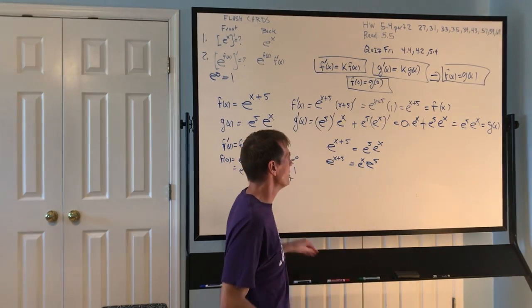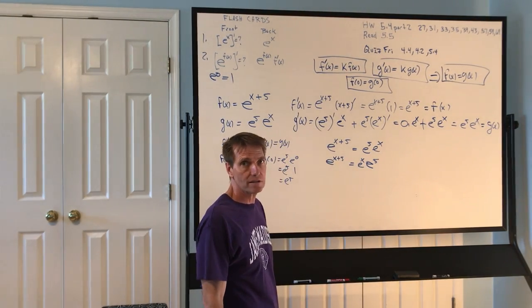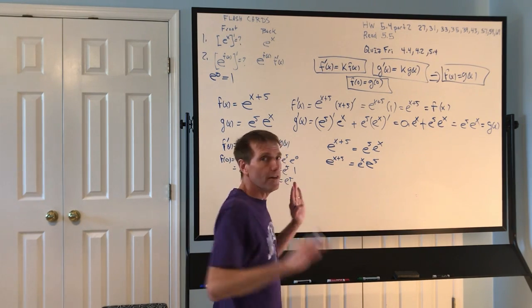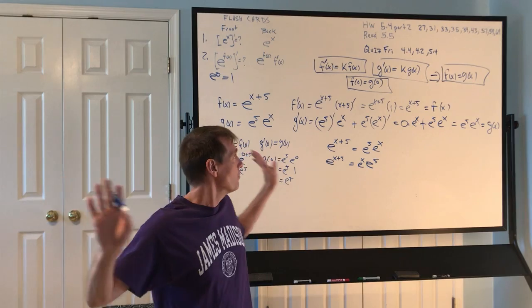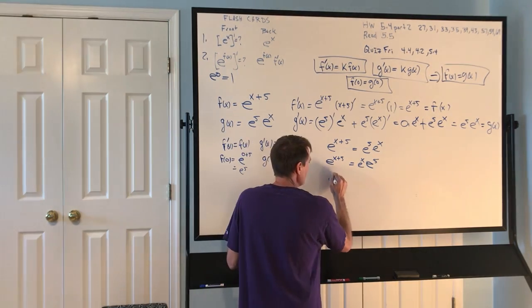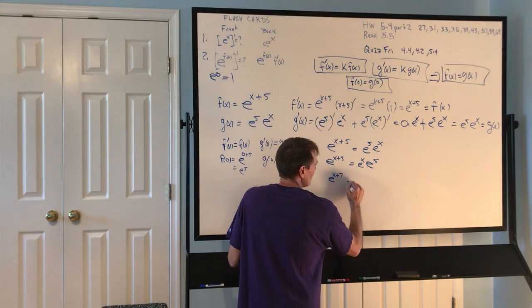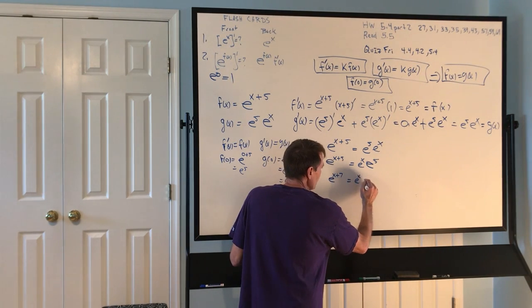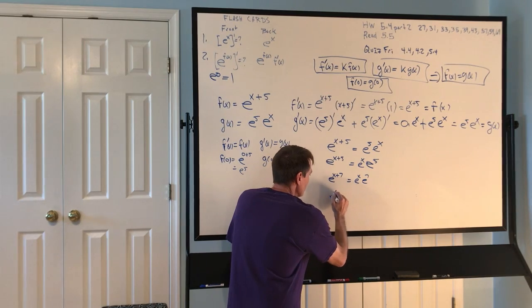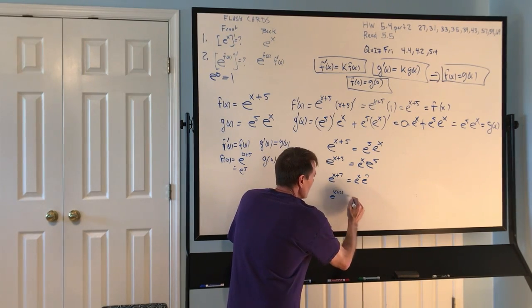Or e to the x plus 5 is equal to e to the x times e to the 5. Now the 5 wasn't important. It was just a constant. If I changed it to a 7, nothing would have changed. If I made it a 21, nothing would have changed.